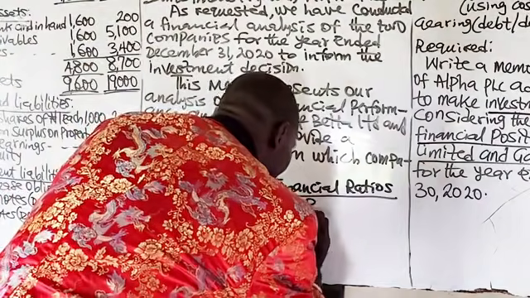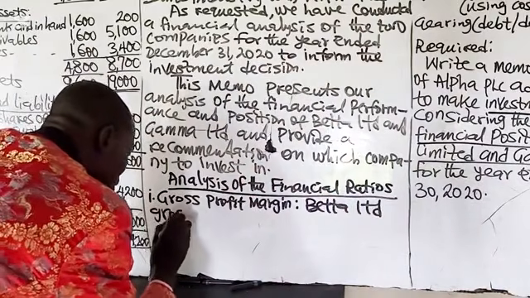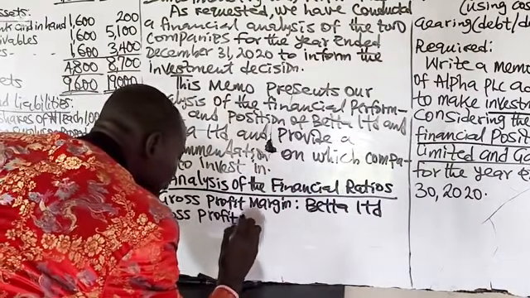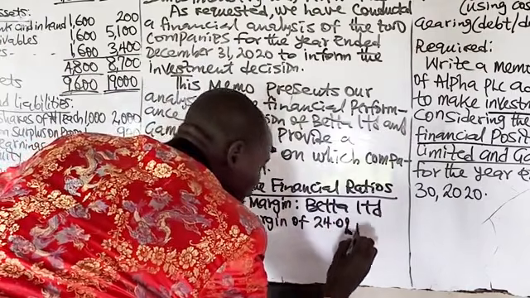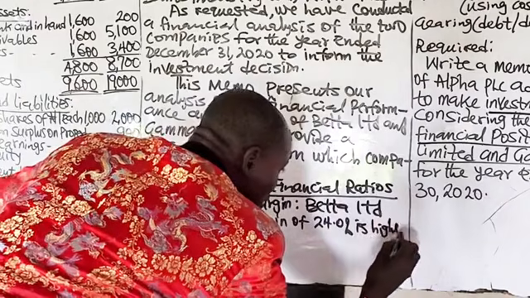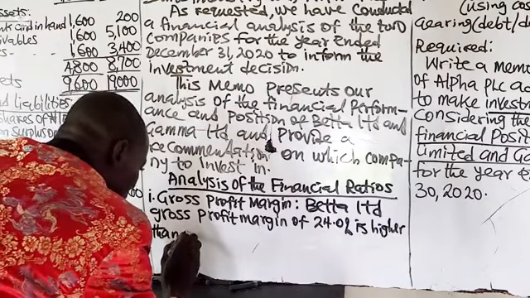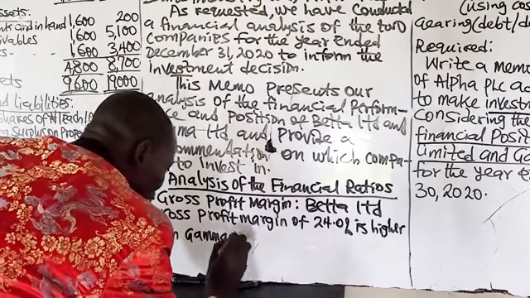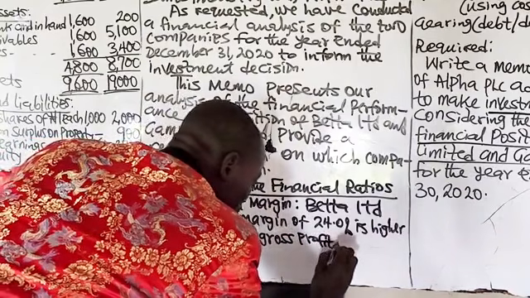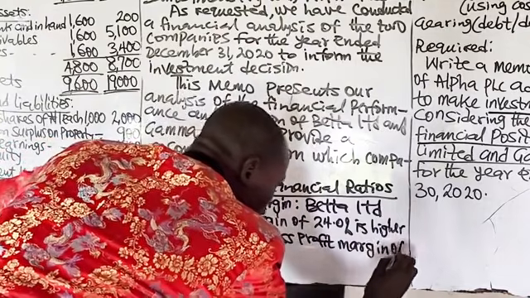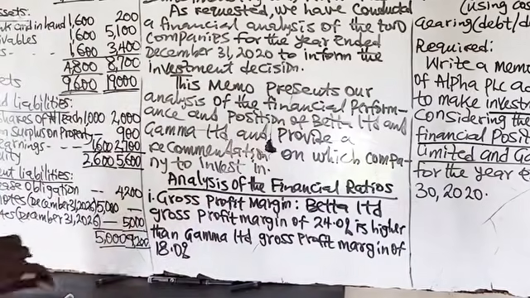So we can start by saying Bethel Limited gross profit margin of 24.0% is higher than Gamma Limited gross profit margin of 18.0%. So what does this imply?